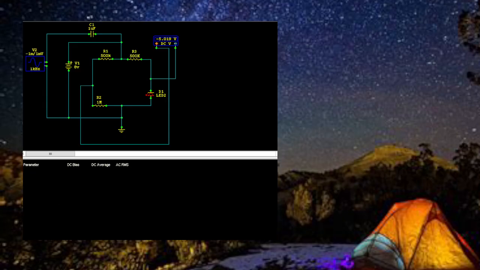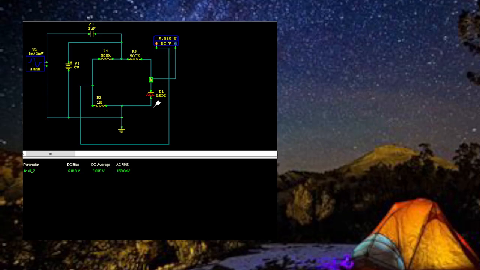Transient operating point. So 8 volts here. 16.05 nanovolts. 5 volts here. 0, 5, 8. So that's the resistance, that's the voltage across.